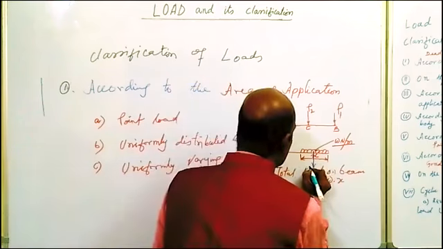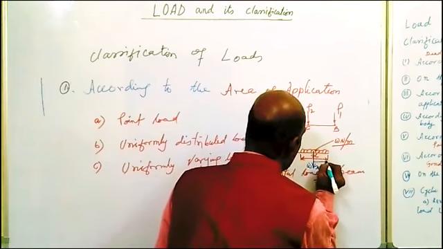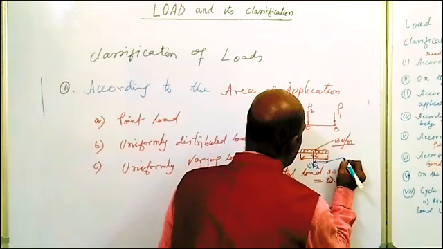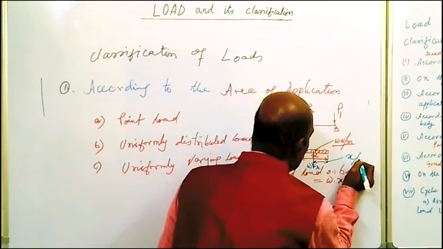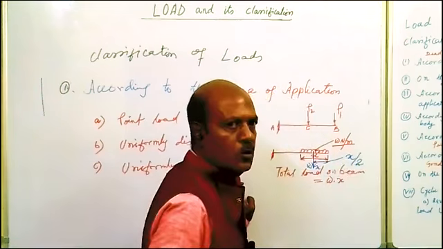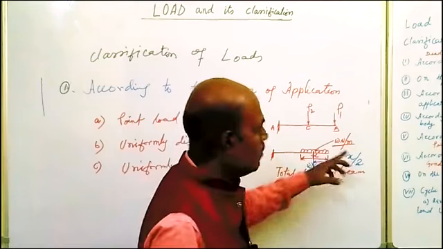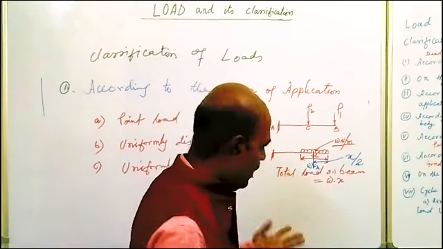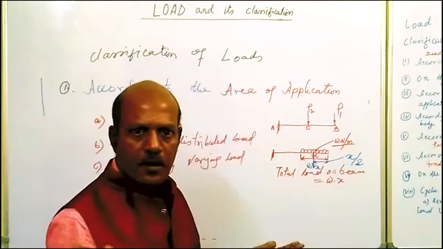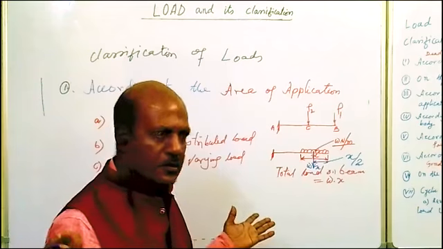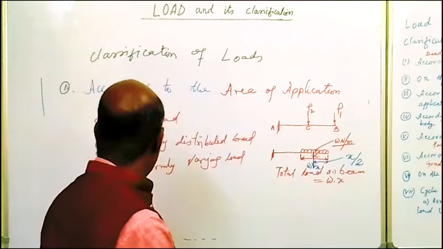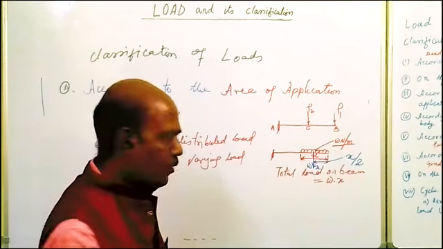Magnitude Wx is passing through here, and the distance of the center of gravity from the free end is given by x by 2. This calculation is most essential for shear force and bending moment calculations. Now next we will see the uniformly varying load.